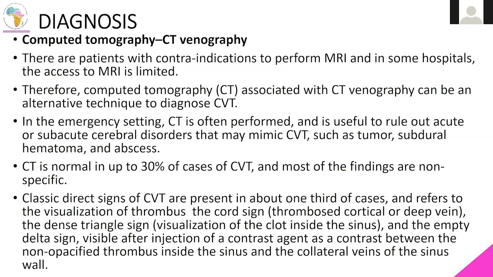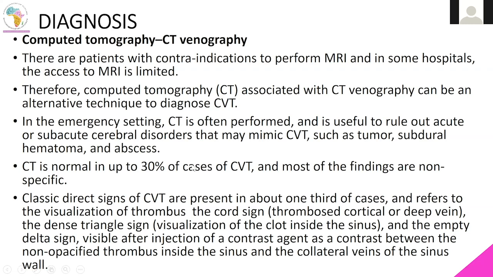So classical direct signs of CVT are present in about 1/3 of cases and refer to the visualization of thrombosis: the cord sign, which is a thrombosed cortical or deep vein; the dense triangle sign, which is visualization of the clot inside the sinus; and the empty delta sign, which is visible after injection of contrast agent as contrast between the non-opacified thrombus inside the sinus and the collateral veins of the sinuses.